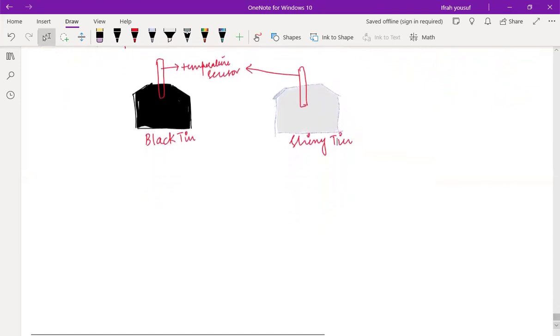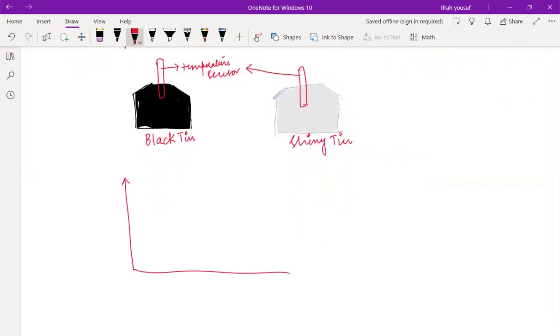Okay. So after the investigation, we get this curve, right? So what are we observing here? They both reach room temperature, right?